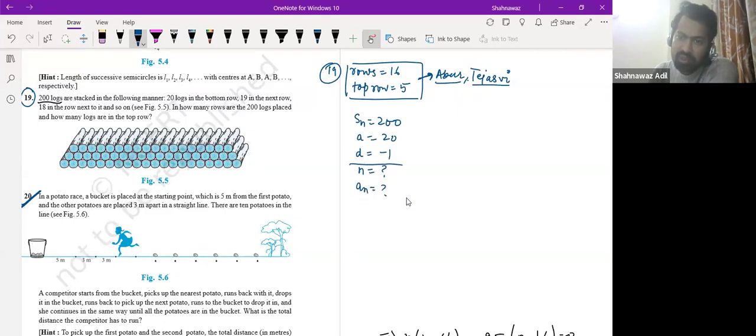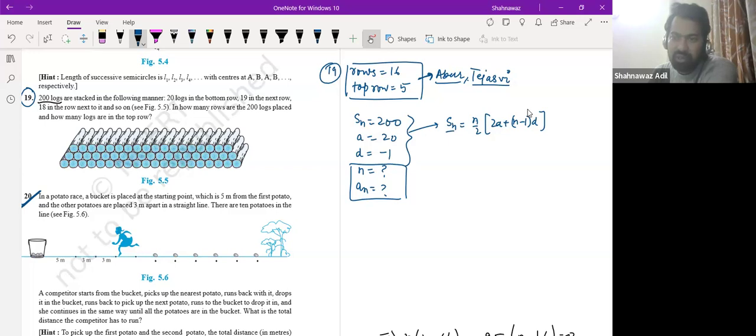These are the two things you need to find out. Because Sn we know, n we don't know, a we know, d we know, we can use this relation and get the answer, right?